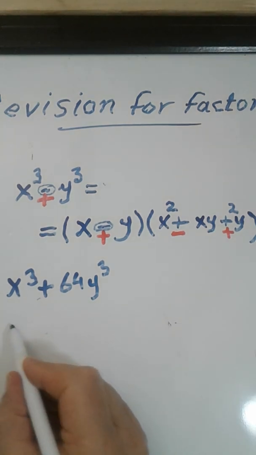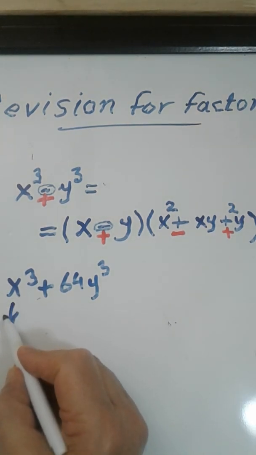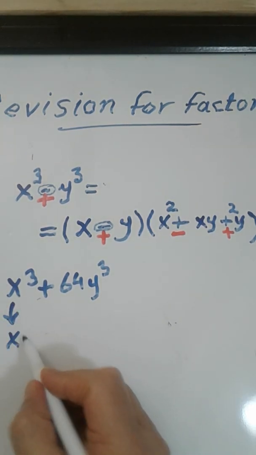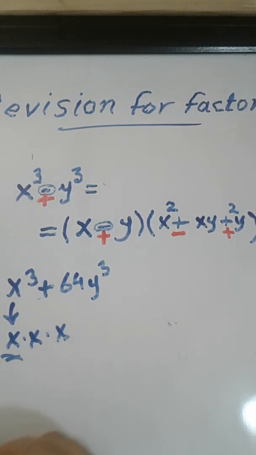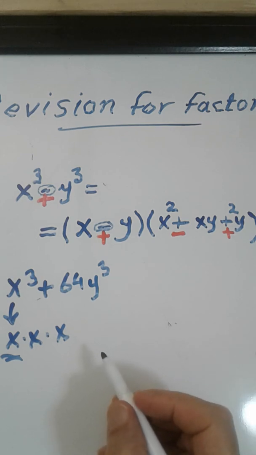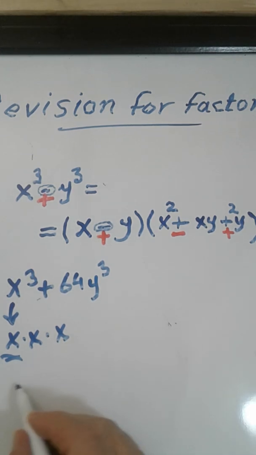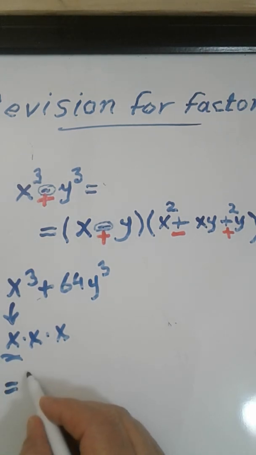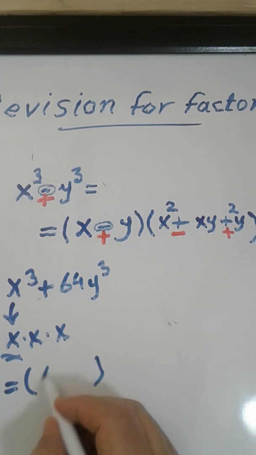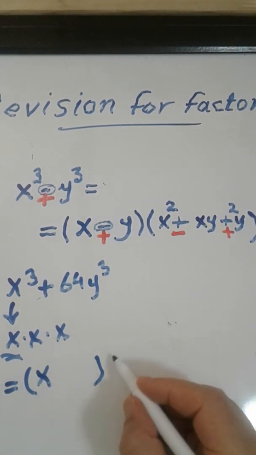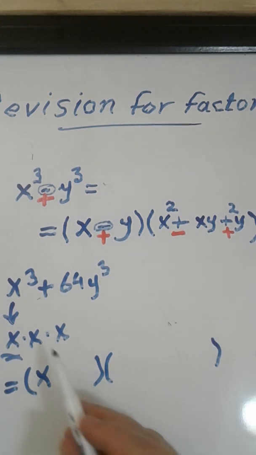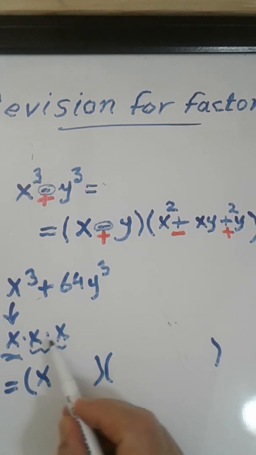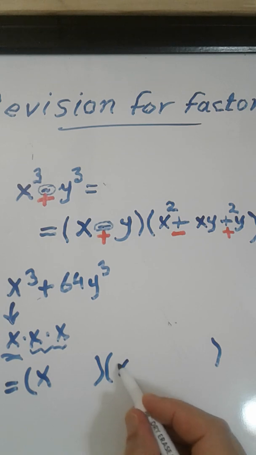We can write x cubed as x times x times x. So we take one of them and write it in the first two brackets here. And the other two brackets, they remain here: x times x, that means x squared.